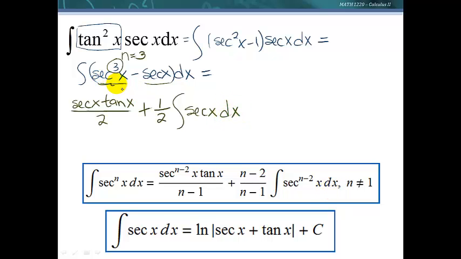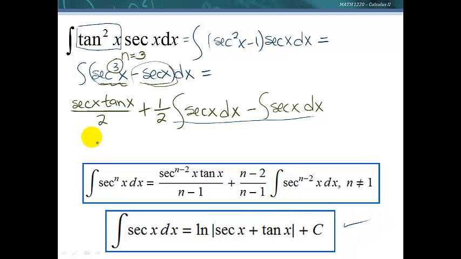So that's working this first part, but then, oh wait, look, we already had minus the integral of secant x dx right here. So we could combine these two and then go ahead and use what we found the integral of secant to be.